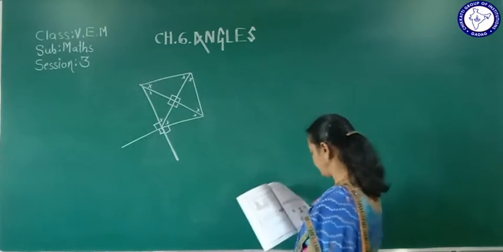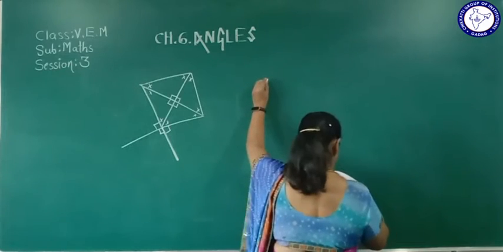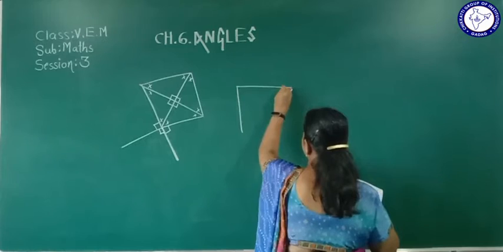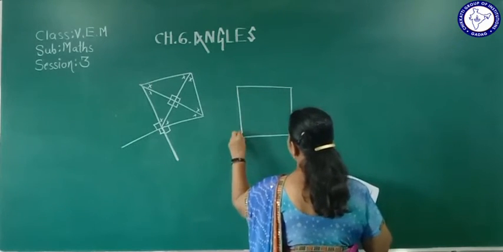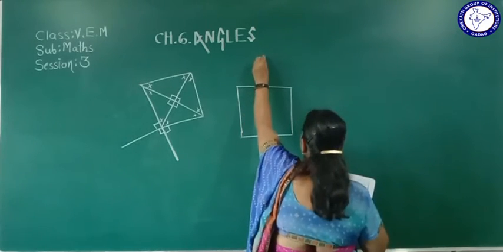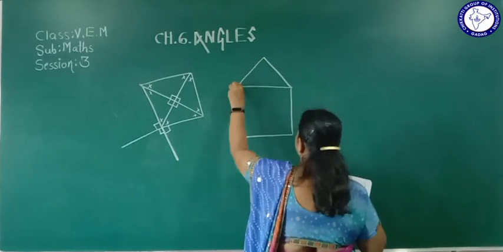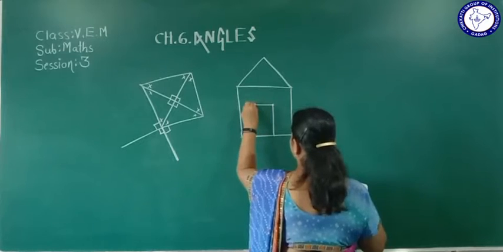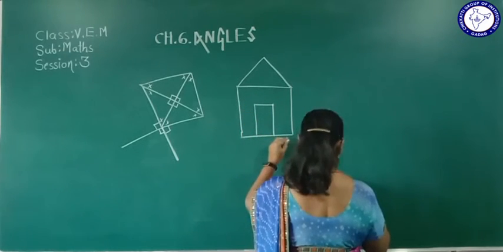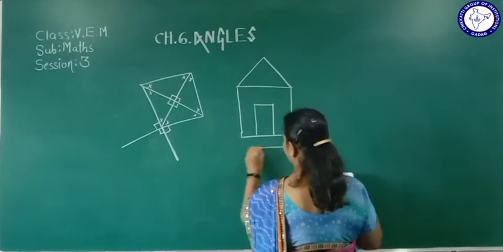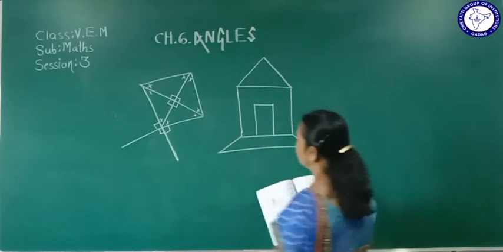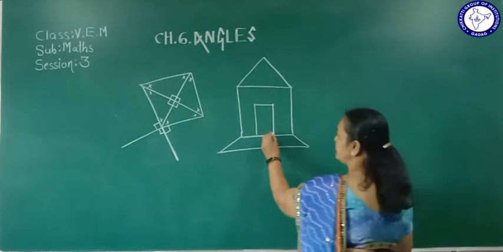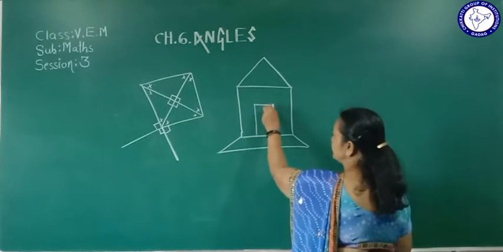Then second figure, one home is drawn. And here maximum we find right angles. This you can draw, isn't it? Now check here. Here we find right angle. This is right angle.